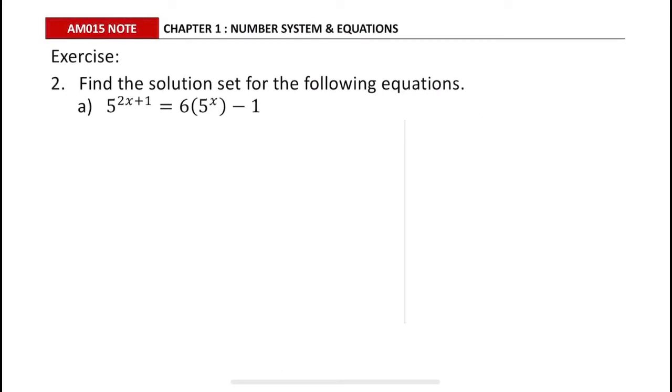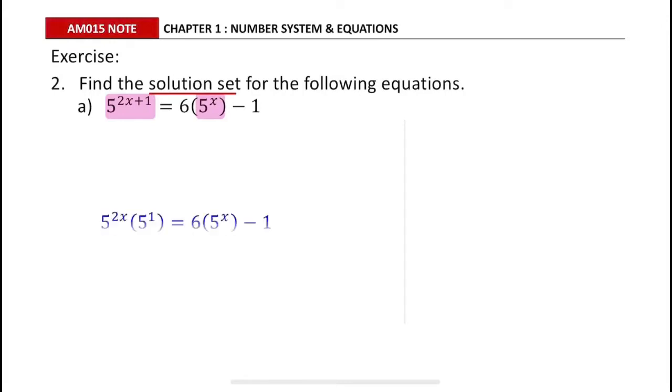Question 2 is find the solution set for the following equations. Solution set means your answer must be in curly brackets. In this question, the indices are 5 to the power of 2x plus 1 and 5 to the power of x, where both are of the same base.